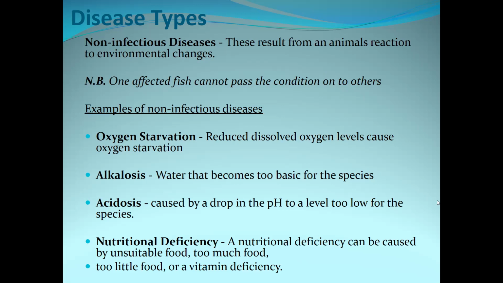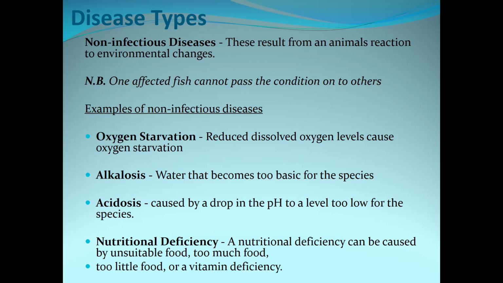All right, nice. So again, non-infectious diseases result from an animal's reaction to environmental changes, and these are some examples. Oxygen starvation: reduced dissolved oxygen levels cause oxygen starvation. Aquatic organisms need oxygen basically for survival.